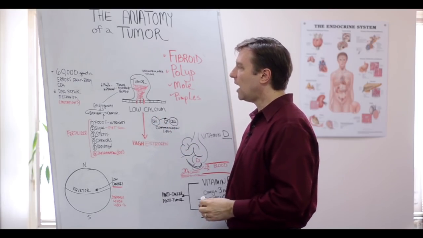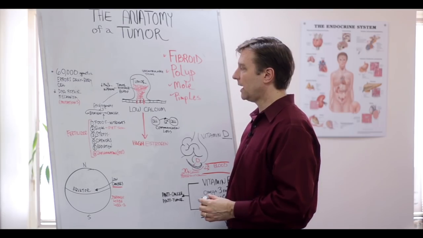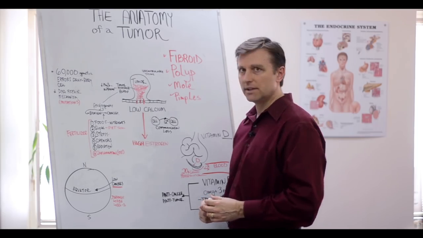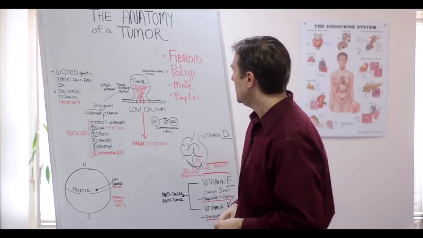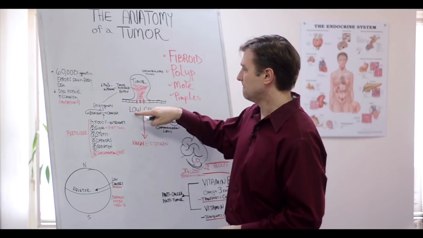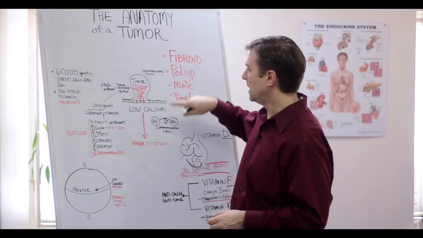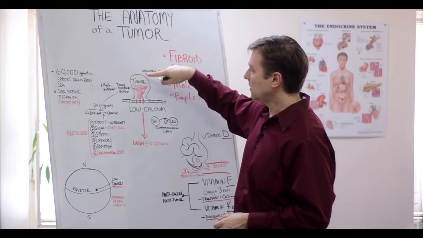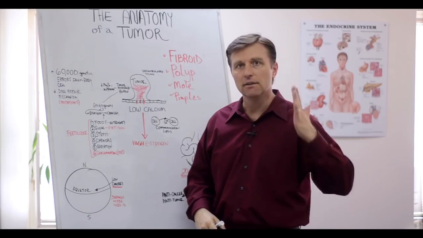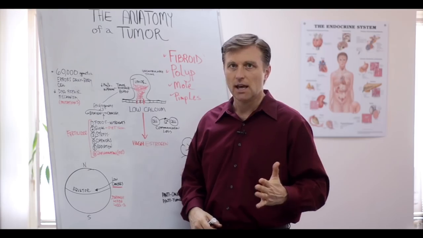That's why a lot of people with low calcium start to get all these issues with extra cell growth. But it's not just low calcium, it's a lot of other factors. But I wanted to mention that what starts this process is a lack of communication in the cell.